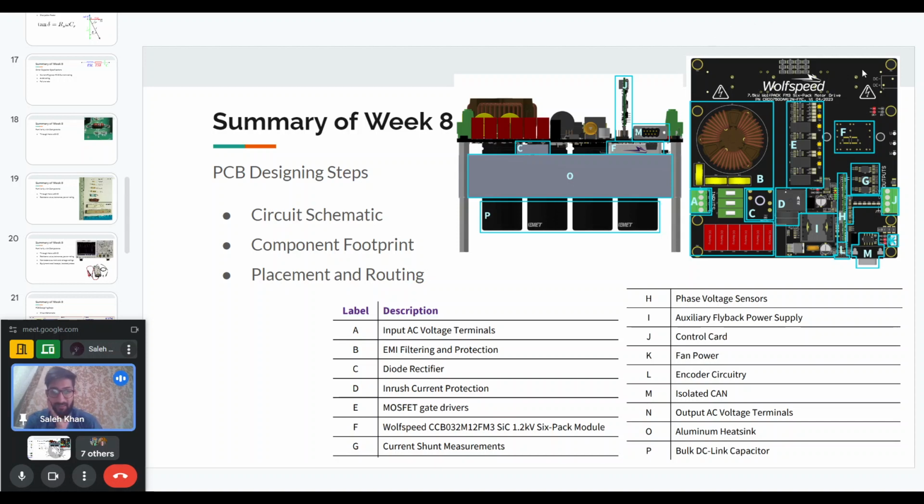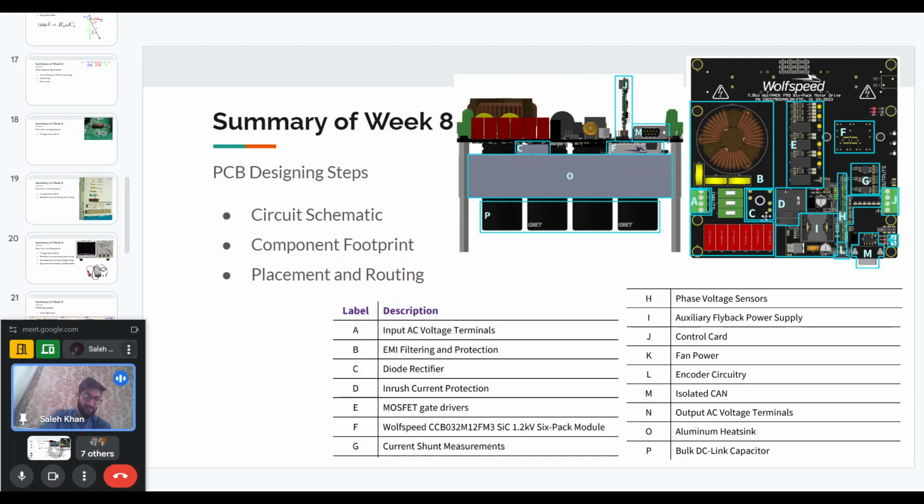For example, this is the PCB of the converter that we have been talking about, and they have shown the different components and where they are placed. This A point is the input AC terminal, and this whole B portion is actually the EMI filtering. This can be the common mode choke, and there can be different capacitors here.